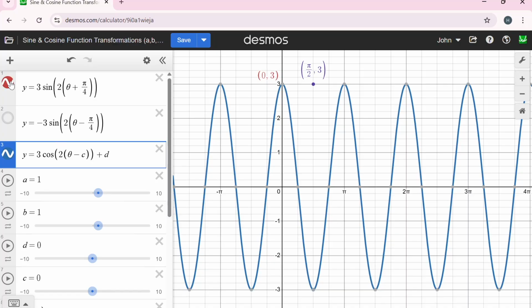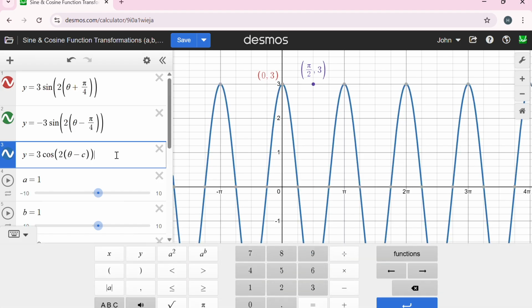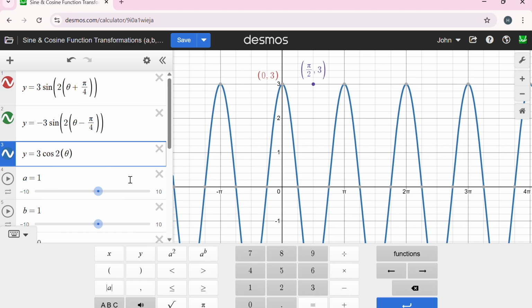When I turn on the red, there it is. Here's the green. That's the one we did with the -3 sine value. And then now the cosine value. So that means I don't need a vertical shift, so that's 0. And I don't need a horizontal phase shift.